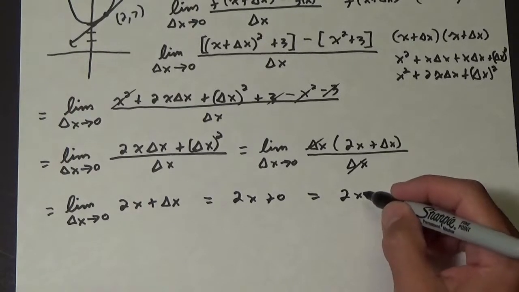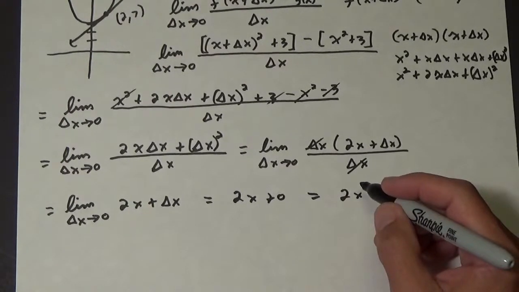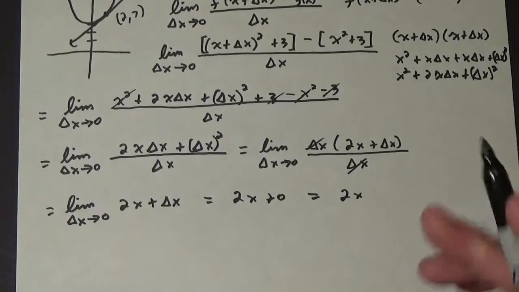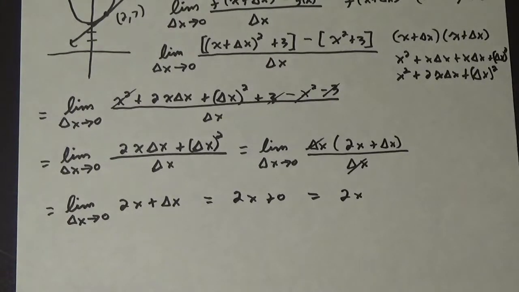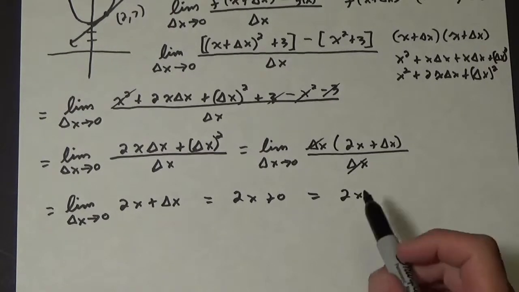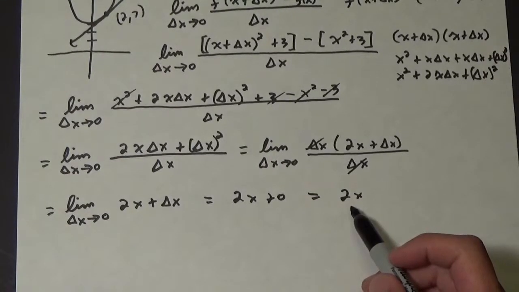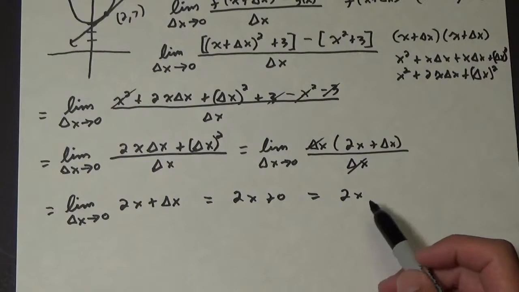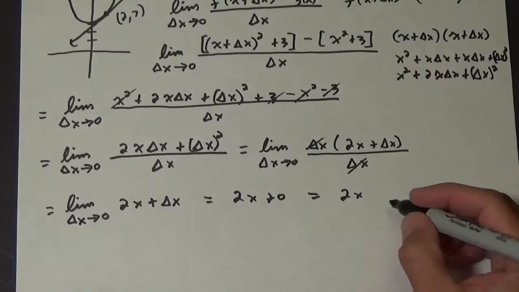All right, so we have this 2x, and what does this 2x represent? Well, this 2x is an equation that represents the slopes of the tangent line of the function. So let's write this out.